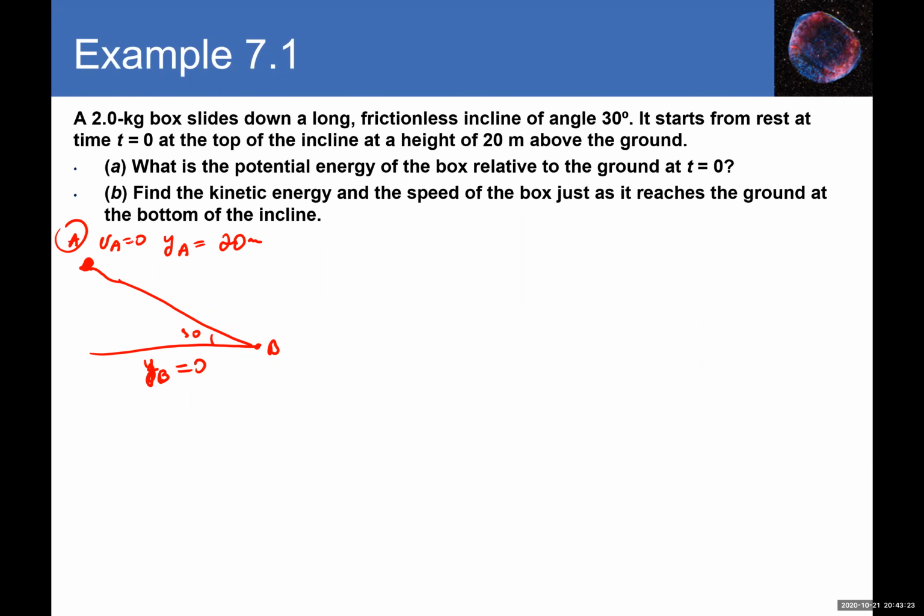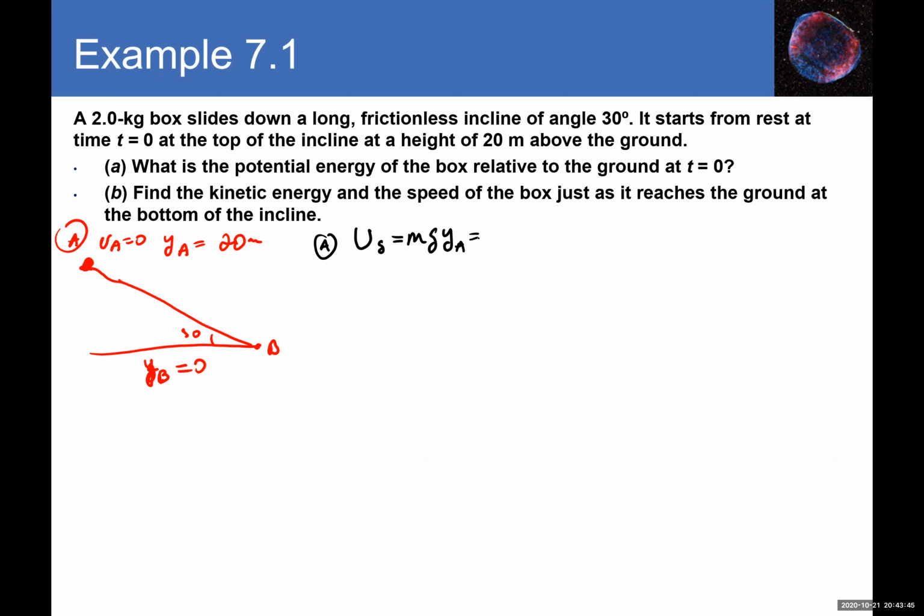Now the question is this: what is the potential energy of the box relative to the ground at t equals 0? Well, I can see that there is a gravitational potential energy, but there's no spring potential energy because I just have a box, not an elastic object. And the gravitational potential energy, remember, is mgy. So at point A it is just mgya.